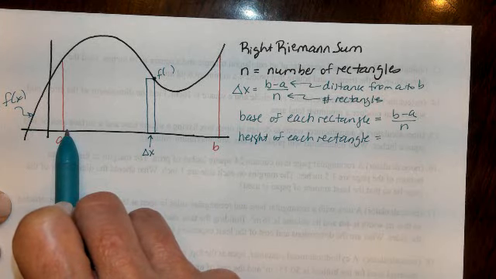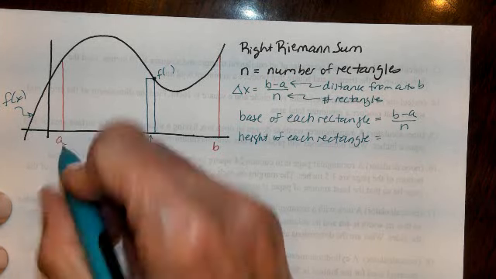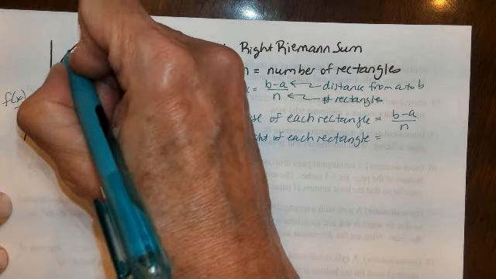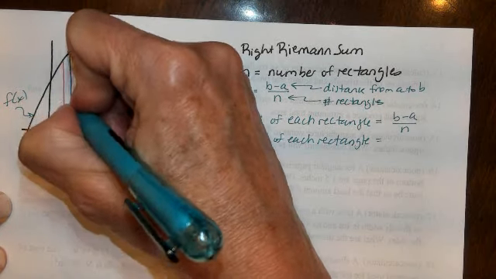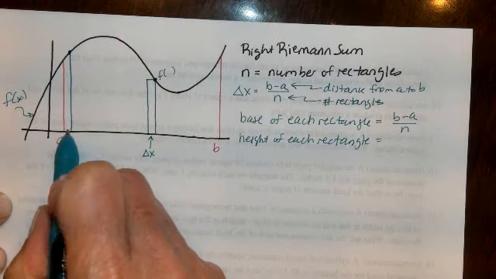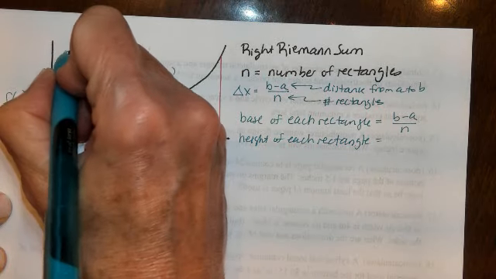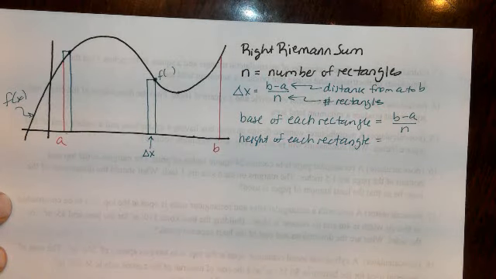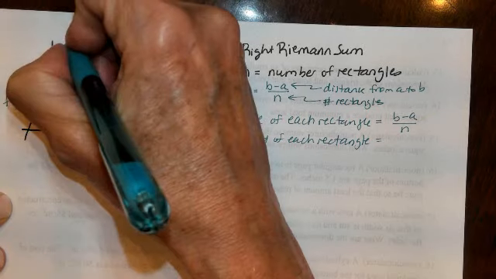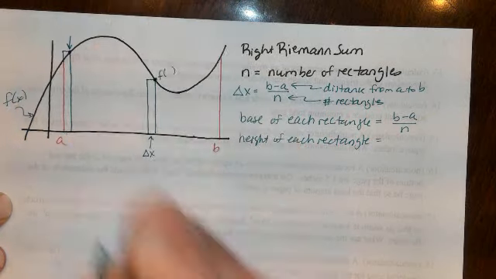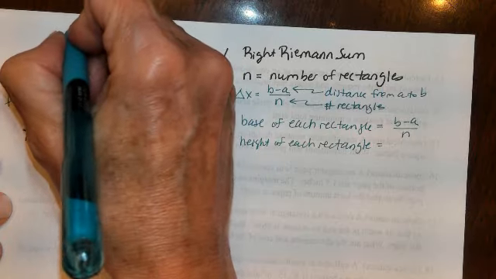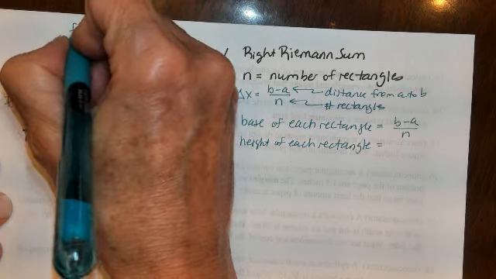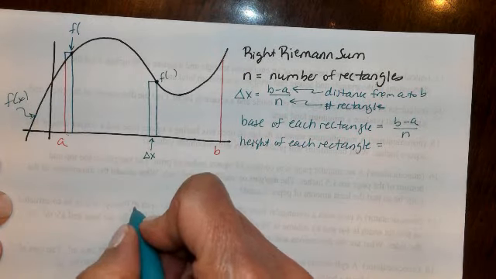Since we're doing a right Riemann sum, the very first rectangle will have a height like that. That will be the first height. So there's my little delta x there, and there's the rectangle. So I'm looking for an expression for that height right there. Well, that is f at what?